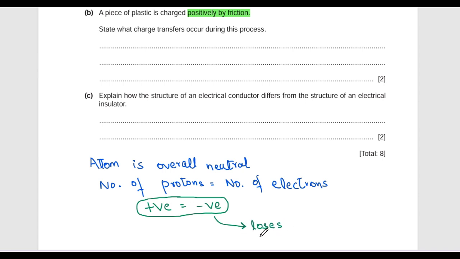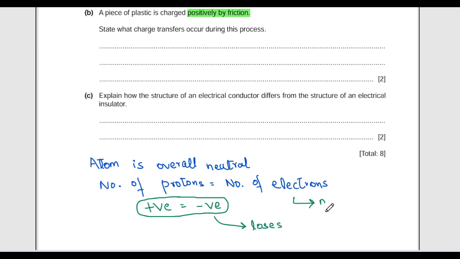If an atom loses an electron, the number of protons inside it becomes more than the number of electrons. So it becomes more positive and it is positively charged then.